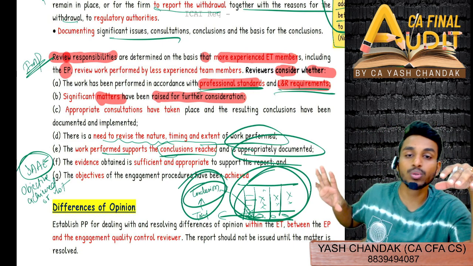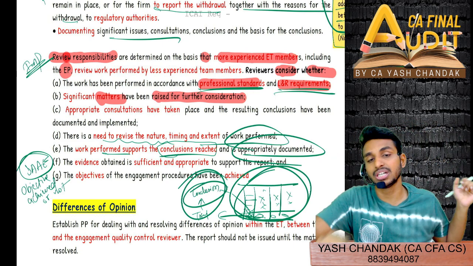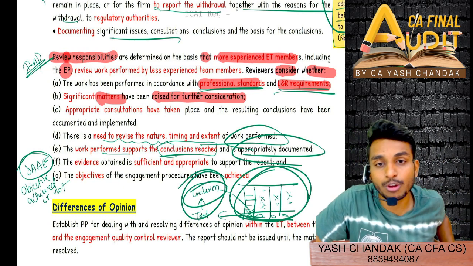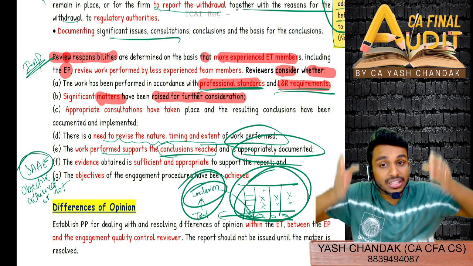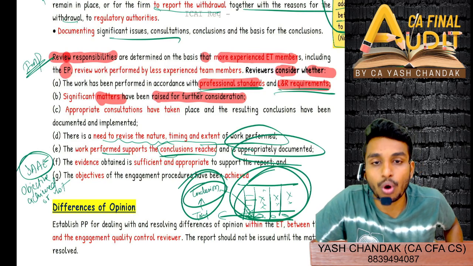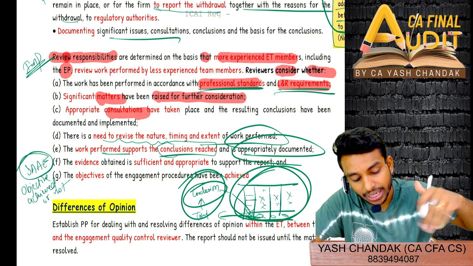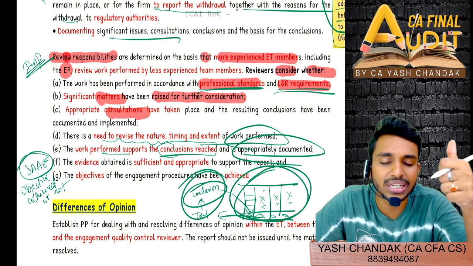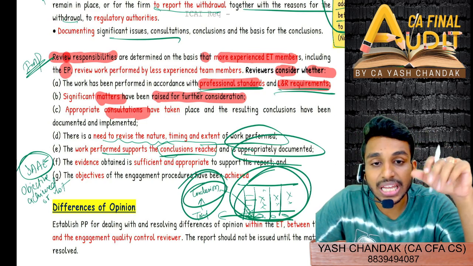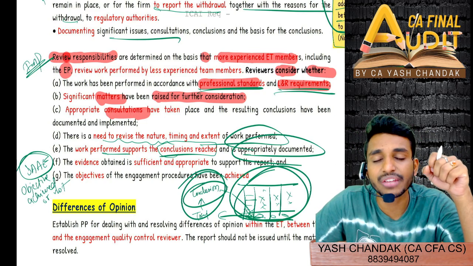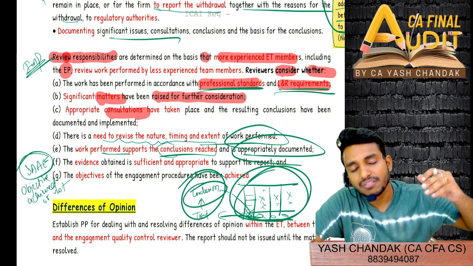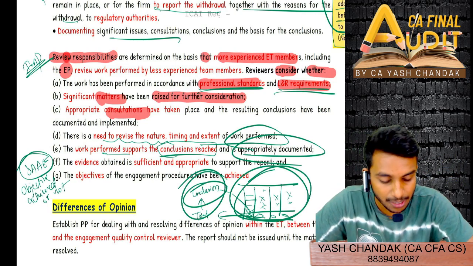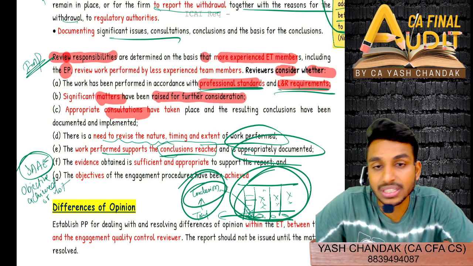Even they didn't know this, so I had to take someone else's consultation. So whether I have taken consultation from someone else, and whether the conclusion I derived is documented or not, that is the third point. So let's quickly recap. Professional standards and legal and regulatory requirements, I was checking there. I got to know that yes, there is a significant matter which needs to be addressed, which needs to be brought to the attention of the management and TCWG for further consideration.